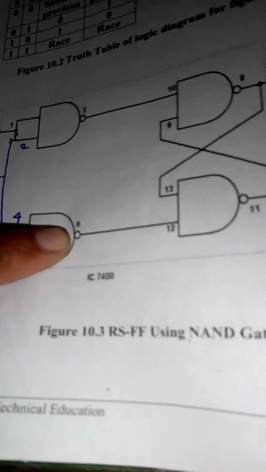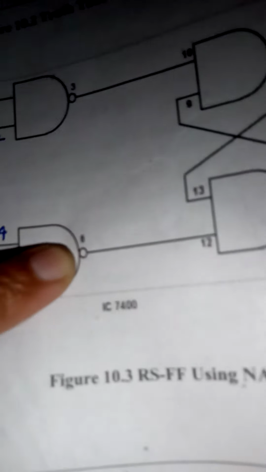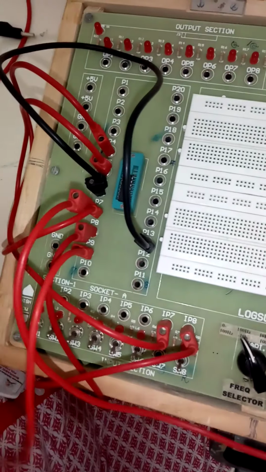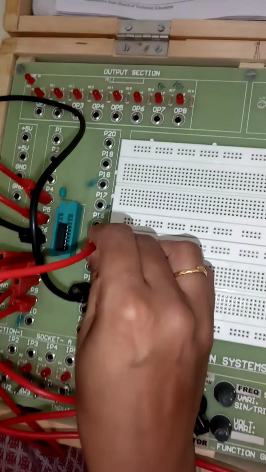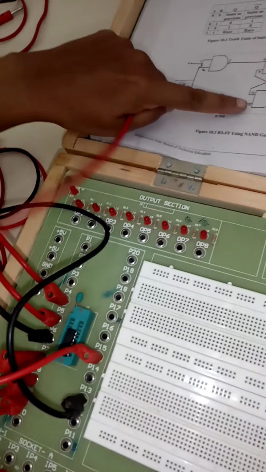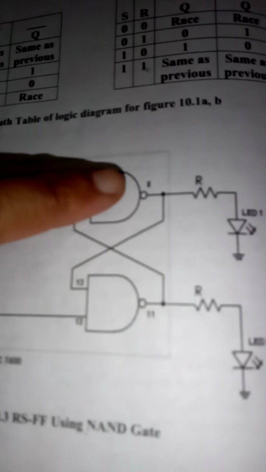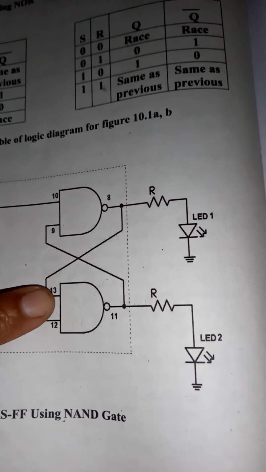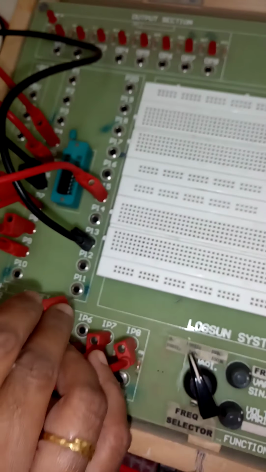Then pin number 6 is connected to pin number 12. We are taking one wire from pin number 6 and connecting it to pin number 12. Then pin number 8 is given to pin number 13, that is we are providing feedback.